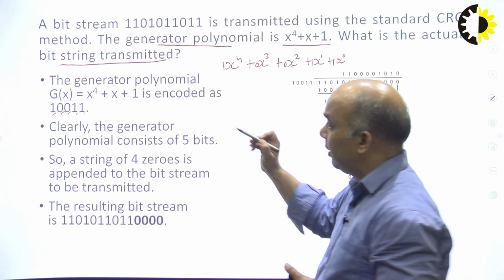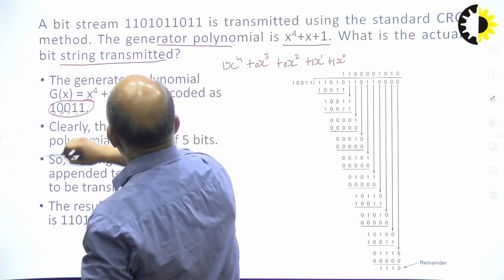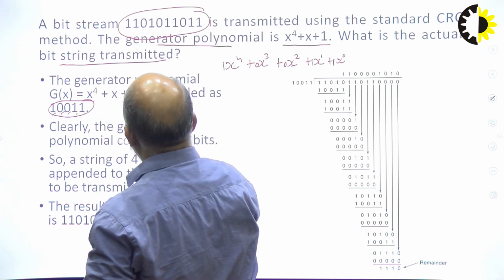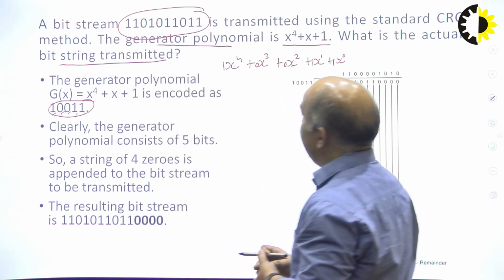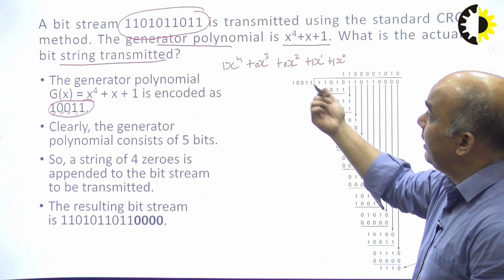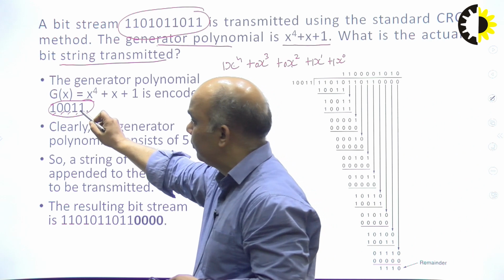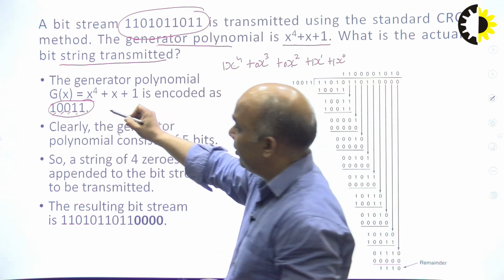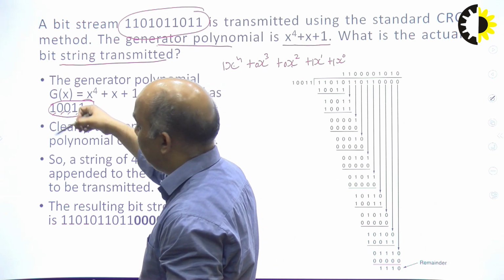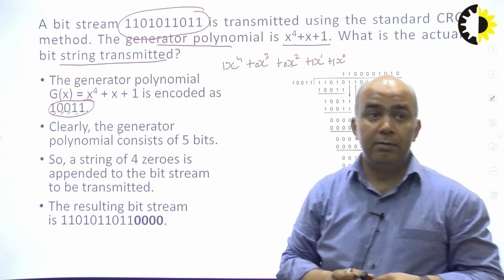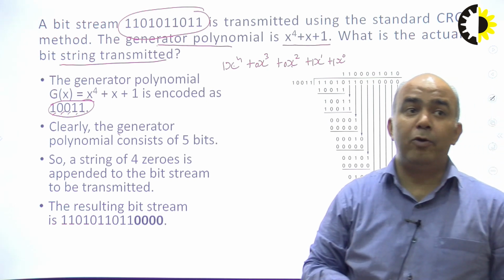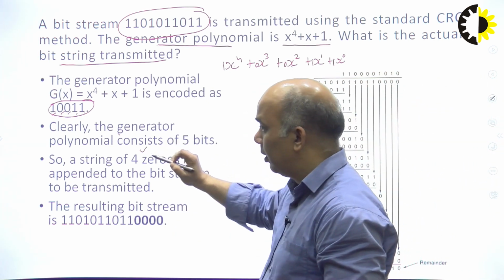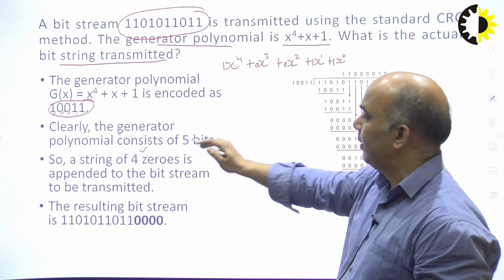By using this generator, we will divide this number, and in order to divide it, we have to append some zeros. How many zeros do we need to append? As the method says, as the polynomial consists of 5 bits, we append 4 zeros to the bit stream.